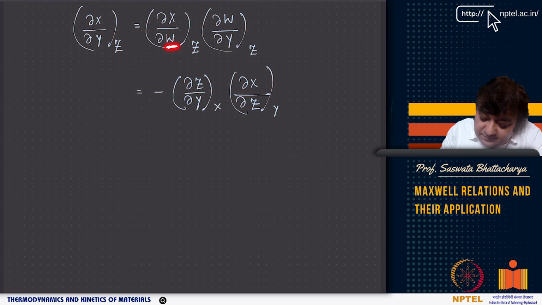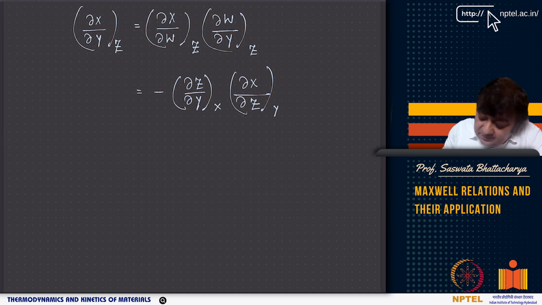Another variable w is again a function of y, and x is a function of w and also a function of y. So ∂x/∂y is nothing but ∂x/∂w times ∂w/∂y. This is the very classic chain rule.